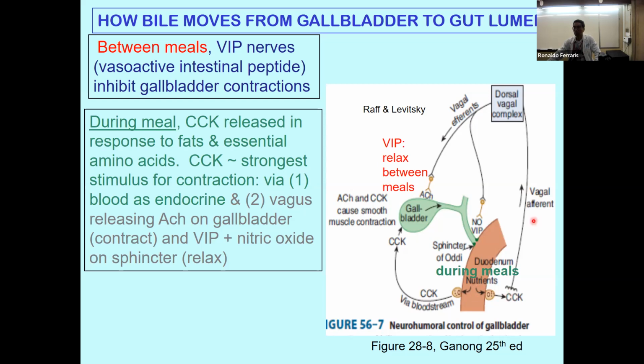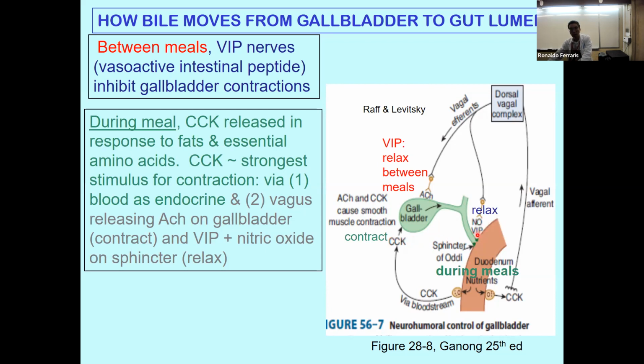So the CCK would send signals to the brain, the central nervous system, and the vagal afferents, with ACh here being a neurocrine signal that would also stimulate the gallbladder to contract. This vagal pathway would send ACh to the wall of the gallbladder to make it contract, but would send VIP to the sphincter to make the sphincter relax. So contract there, relax here.